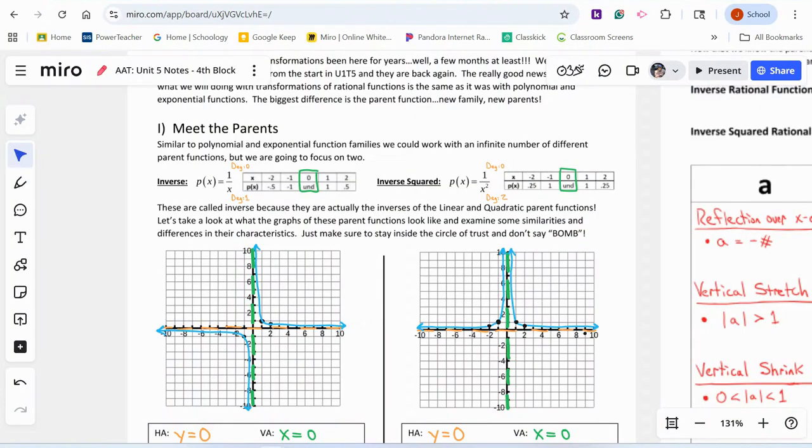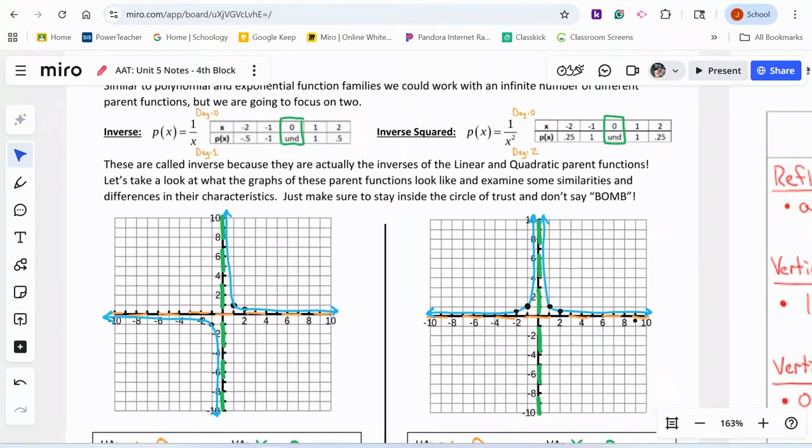We are only going to be looking at 2 specific families in that kind of tree there, and that is the inverse family and the inverse squared. And where we always start with our function families is the parents. The most basic, simplest version of that family from which all the other child functions, every other version of that family comes from, right? So these are our 2 functions, inverse and inverse squared, and they're pretty basic here.